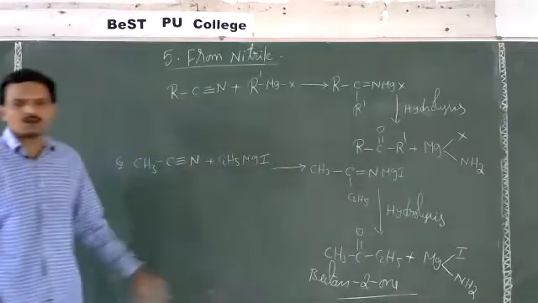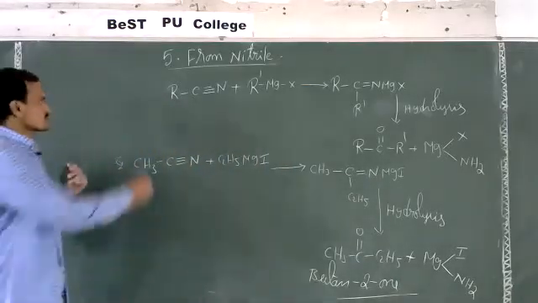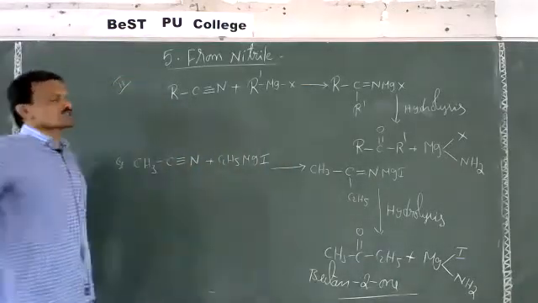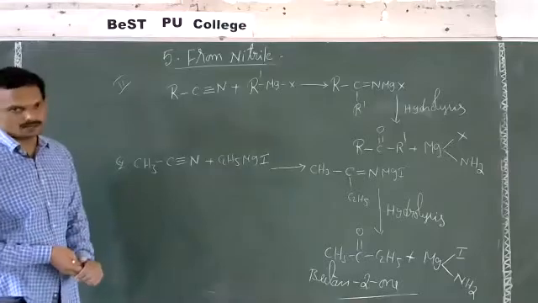Butane 2-one will be formed as the product. So this is the preparation of ketones from nitriles.